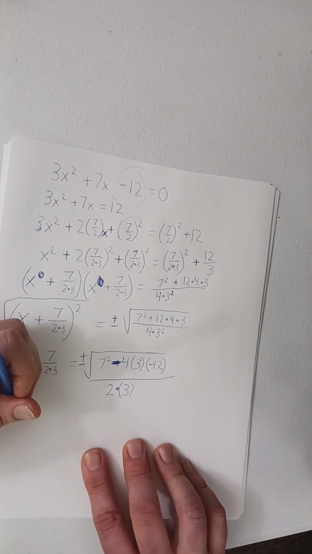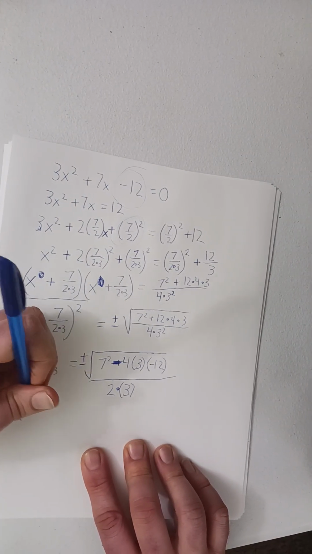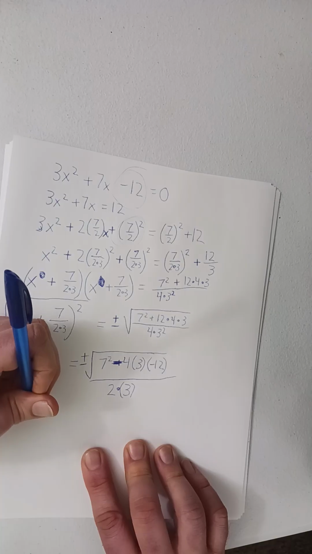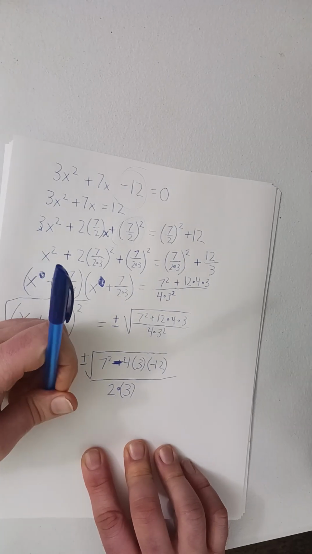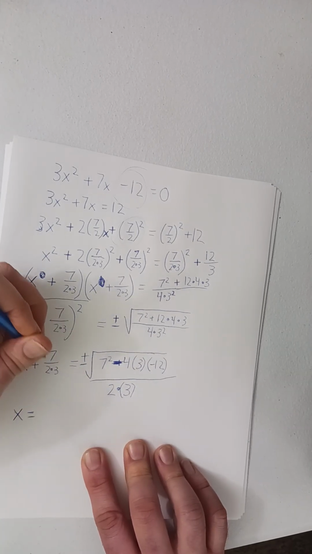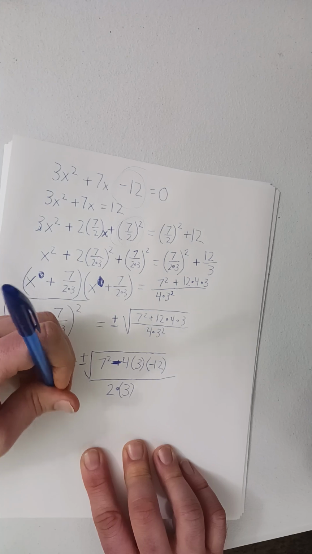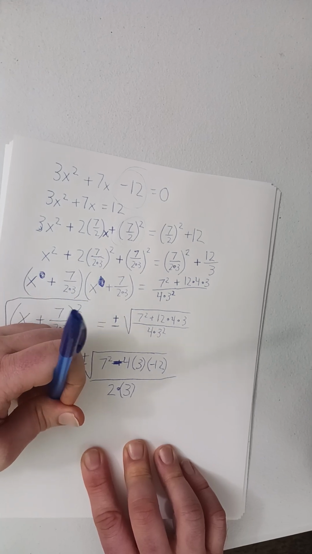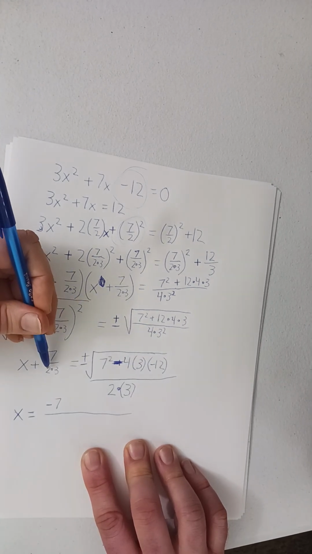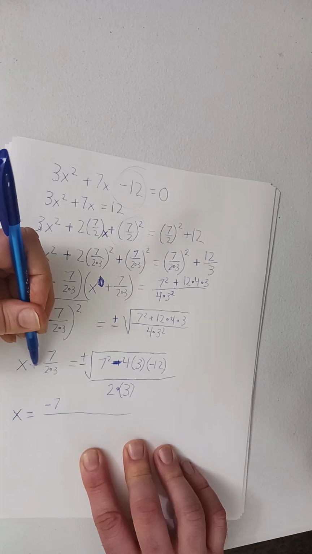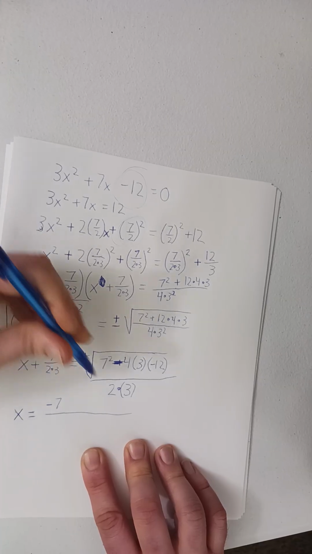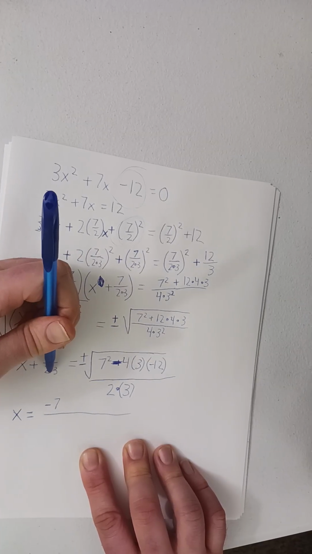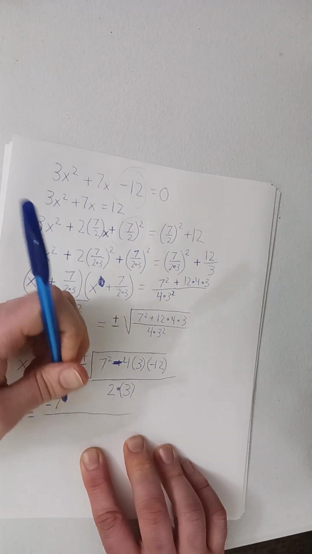So now in the next line, we have x equals negative 7. And since these have the same denominator, so this is added, now we're going to subtract it. But since there's the same denominator, I'm just going to express them on the same line.